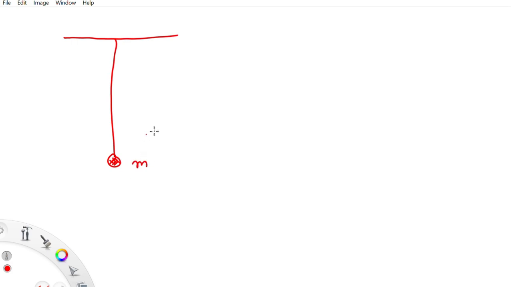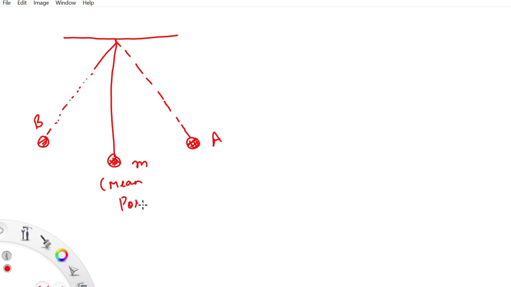Let's say it has a mass of m. Now, if you displace it, the pendulum will basically oscillate or move to and fro between the points A and B. And then the pendulum would love to come back to its mean position. So, this is the mean position where the pendulum actually wants to come back.